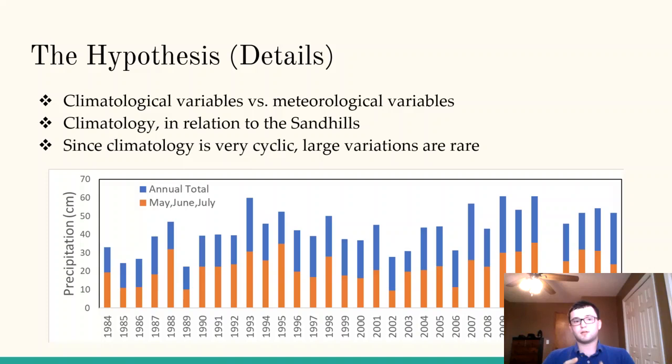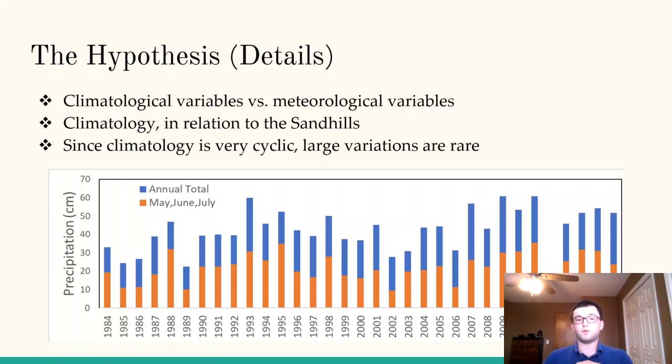So climatology in relation to the Sandhills. What's the climatological normal in the Sandhills? The climatological normal in the Sandhills is semi-arid. As I was talking about before, we're looking at a 30-year average of 42.15 inches a year and an average of 22.03 inches per growing season. So it's not a lot of rain.